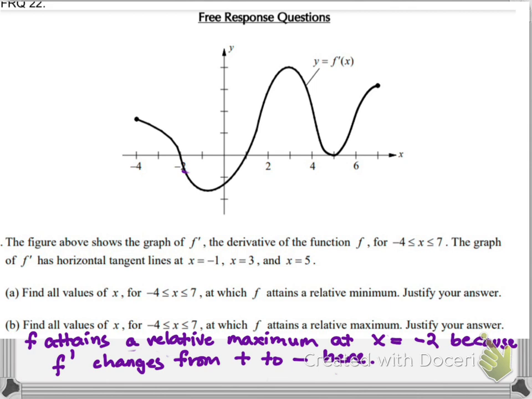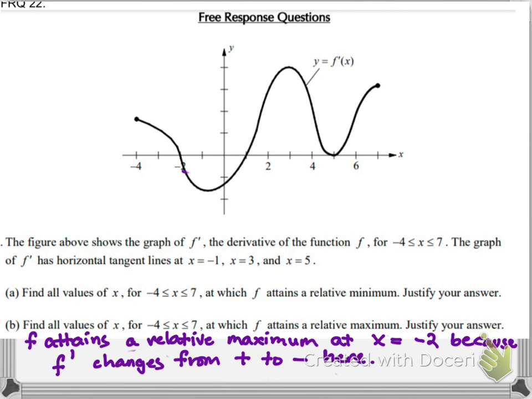There are so many questions I can ask from this free response question. I can ask where your function f is increasing given an f prime. And it's easy to identify any interval above the x-axis. That is where my f will be increasing. So from negative 4 to negative 2, and from 1 to 7, f prime is greater than 0 there, therefore f is increasing there.